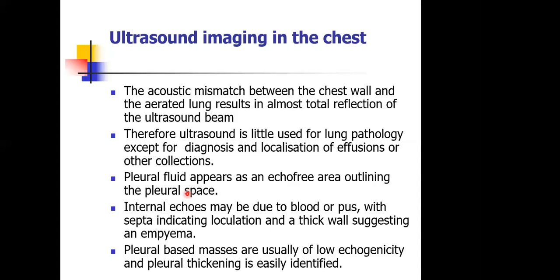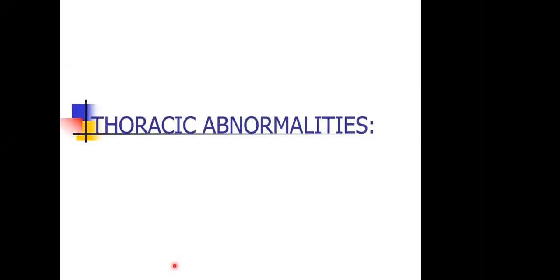If they're solid masses, with the aid of ultrasound scan, and we know that they are either on the chest wall or in the pleural space, we can easily take biopsies under its guidance. So that is what we have regarding the other remaining imaging modalities.